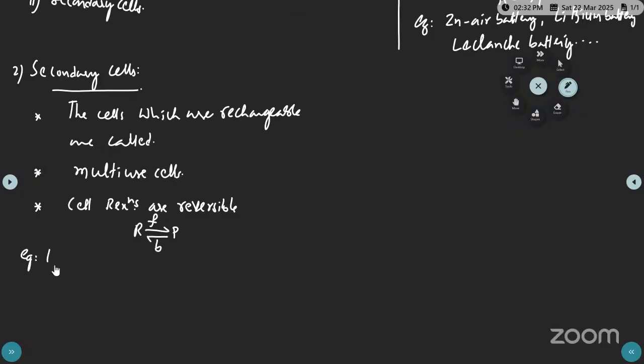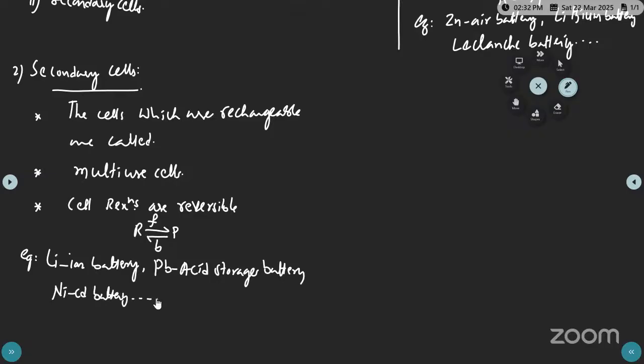Okay, and examples. Lithium ion battery, then lead acid storage battery, nickel cadmium battery, like that.